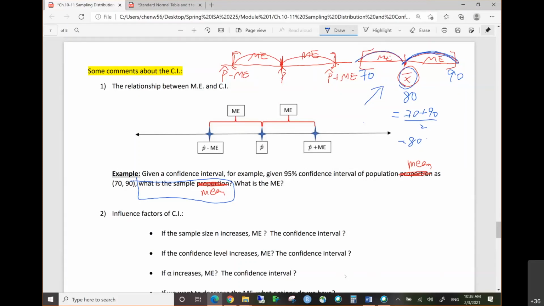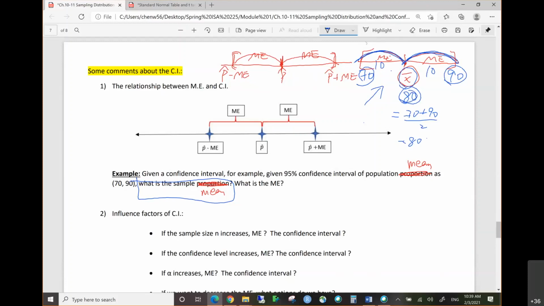Or this distance. From 80 to 90, so 10. 10, right? Or from 70 to 80, it will also be 10, right? Yes. Perfect. All right, thank you.